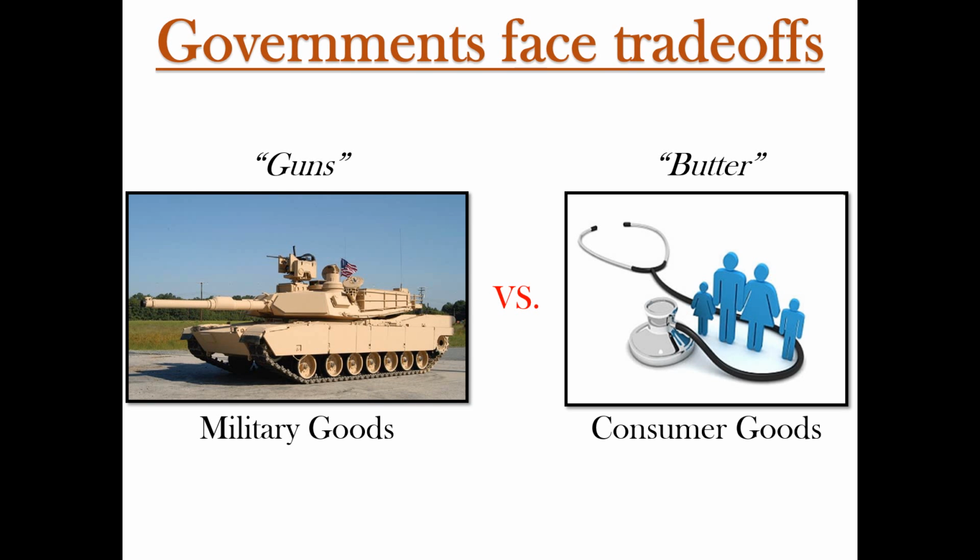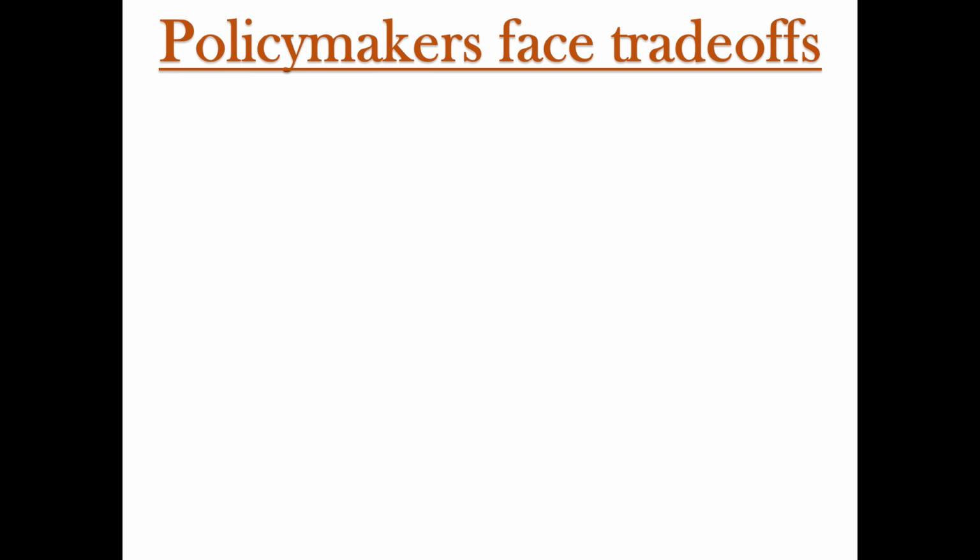So how much should our government be spending on military and defense versus how much should our government be spending on consumer-type goods, healthcare, and other things like that? I don't have the answer for you. I'm just saying that's a trade-off, right? A dollar spent in one category is one less dollar for the other category. The reason for that is because of scarcity. We face choices. We face trade-offs.